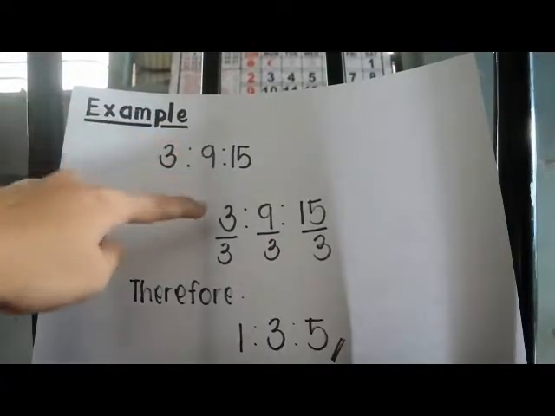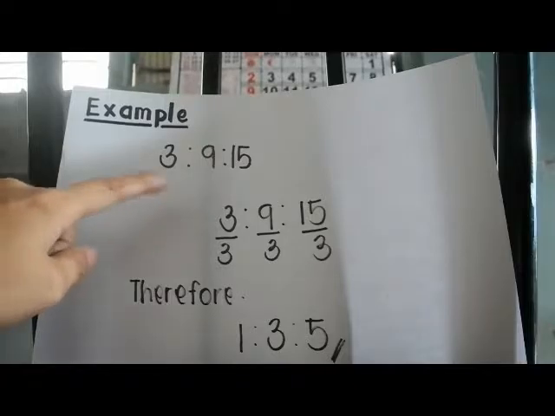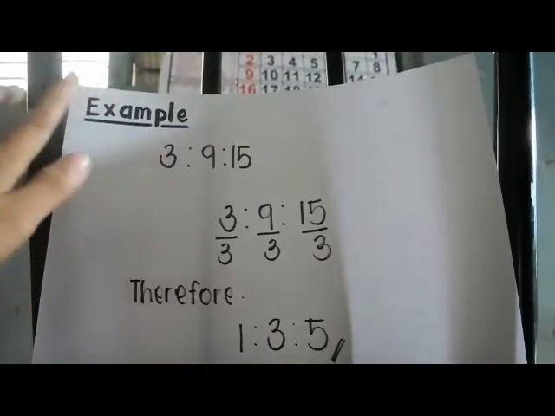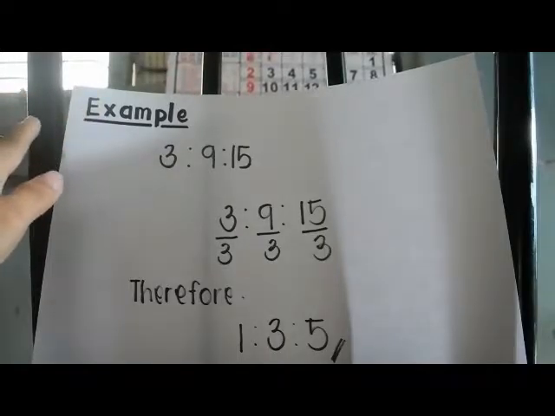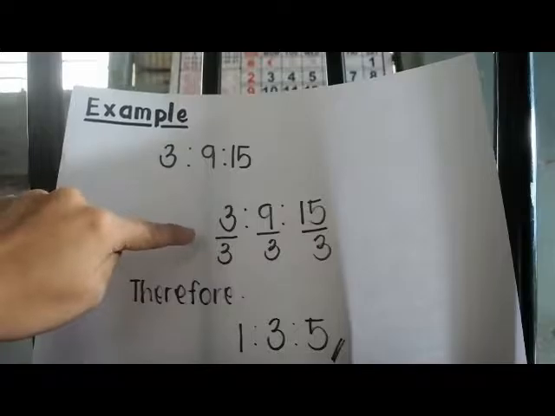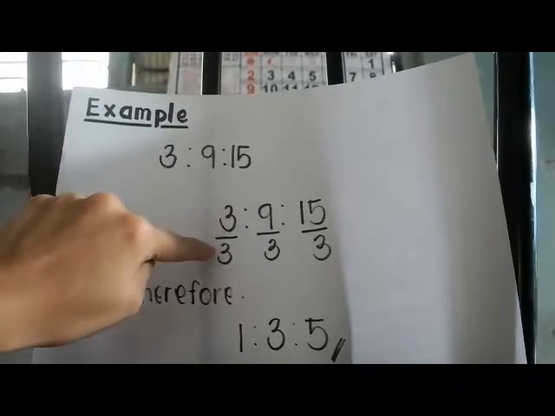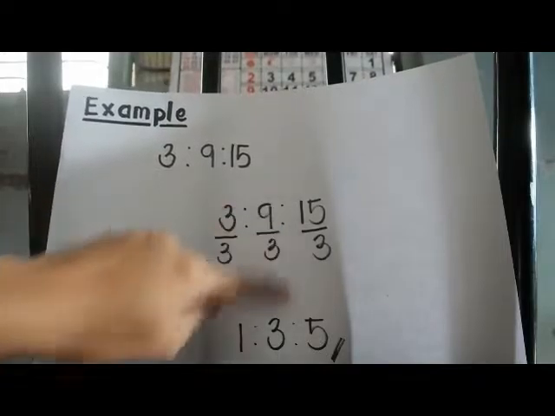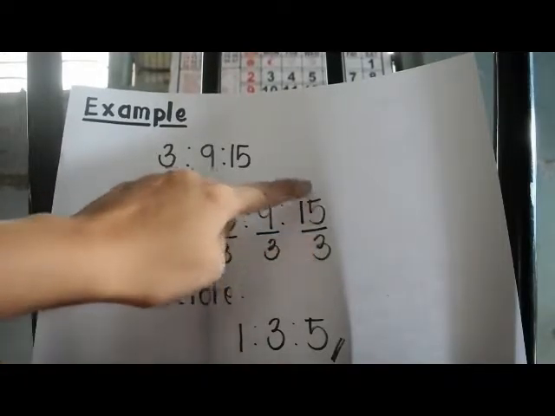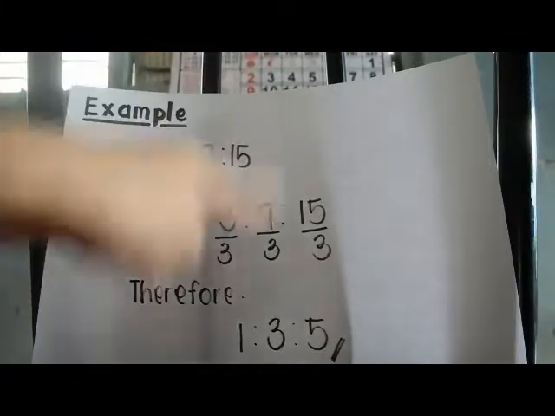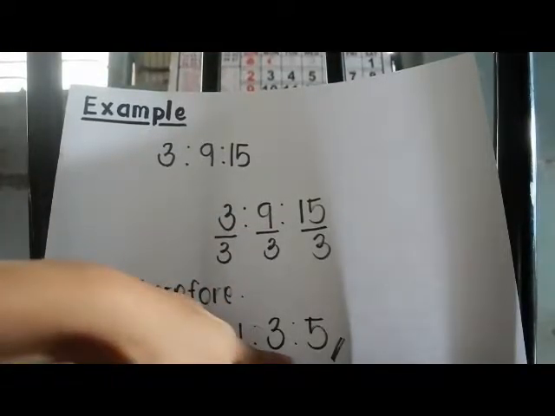I think 3 will divide them equally because 3 times 1 is 3, 3 times 3 is 9, and 3 times 5 is 15. So we divide them by 3. 3 divided by 3 is 1, 9 divided by 3 is 3, and 15 divided by 3 is 5. Therefore, we get the ratio 1 is to 3 is to 5.